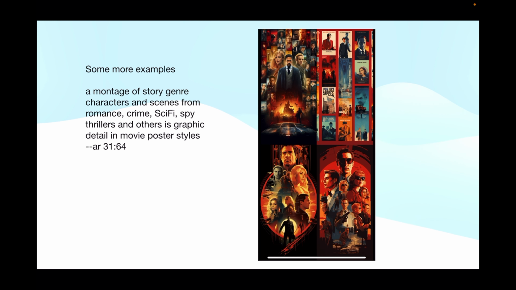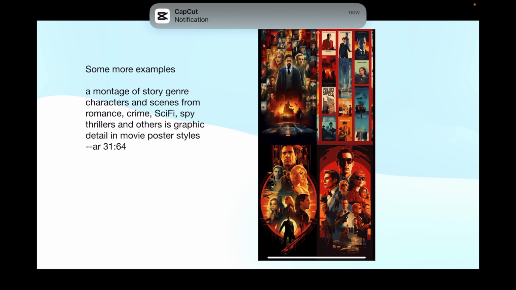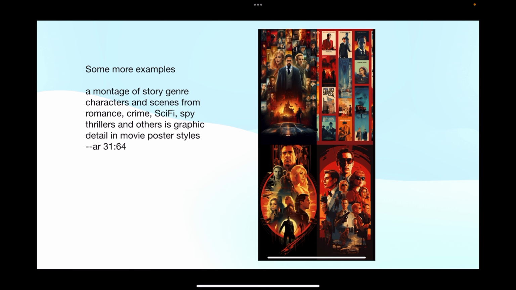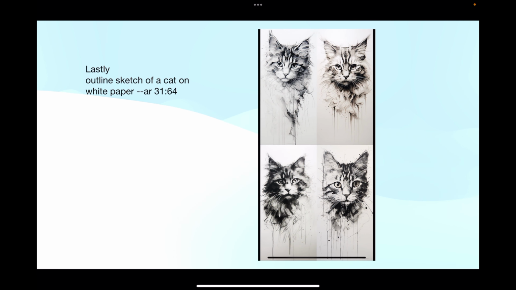And again, the aspect ratio 31:64. If you've got a different size iPhone, of course, and you probably have, then change the aspect ratio to suit. It'll be listed in your list of sizes. Now lastly, an outline sketch of a cat on white paper. Very cute.